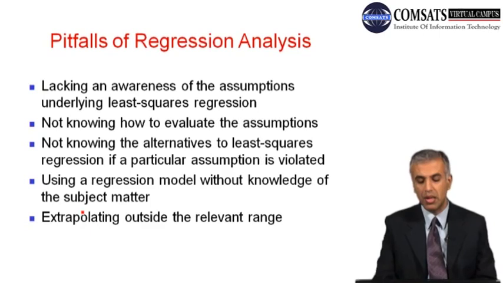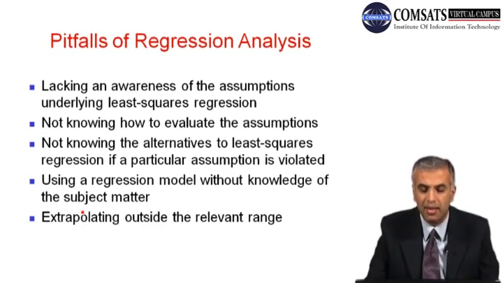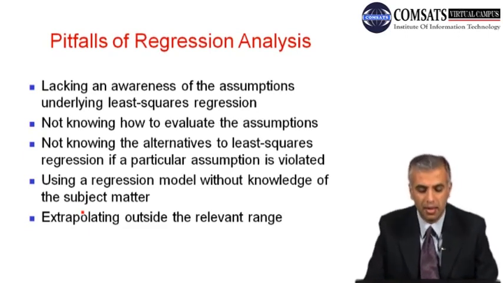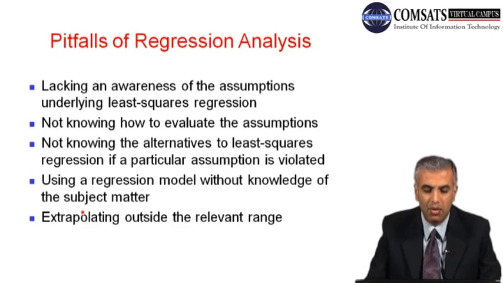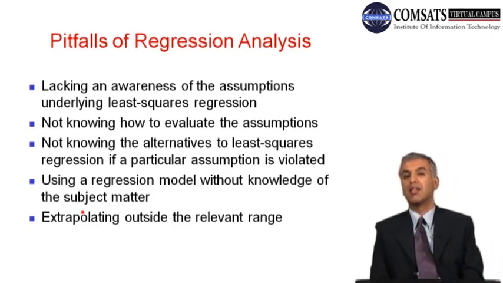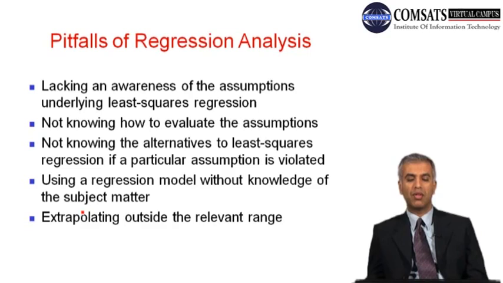Going beyond that is a critical error in regression analysis, which should be avoided by the user, and going beyond that would make it more like a future prediction, which regression analysis does not do. So these pitfalls are there.